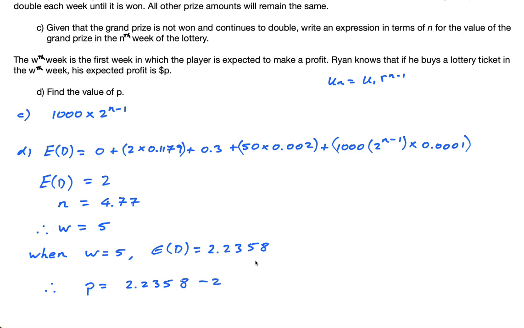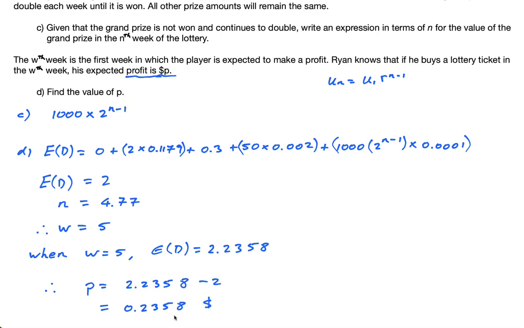But it cost $2 to play, and the question said his expected profit is $P. So the profit that he's expected to make is 0.2358 dollars.